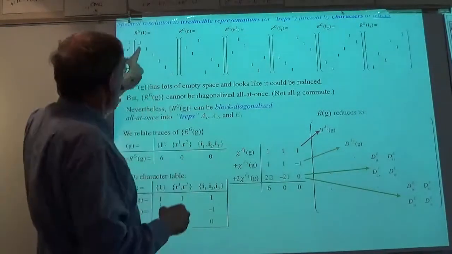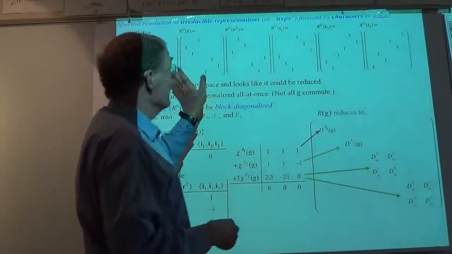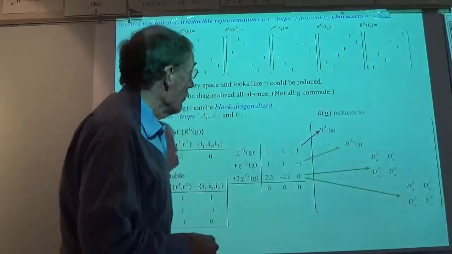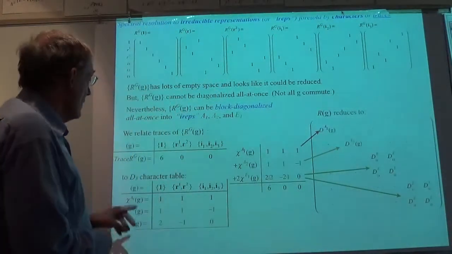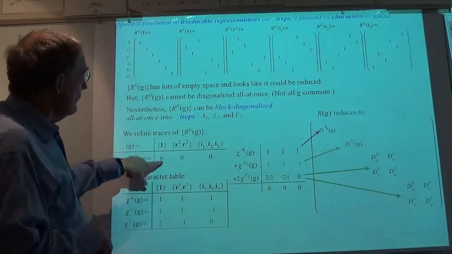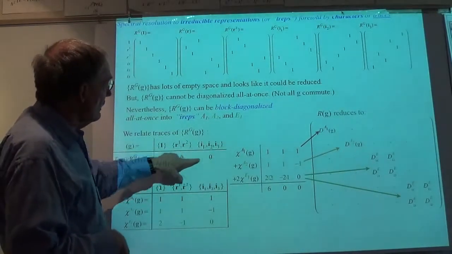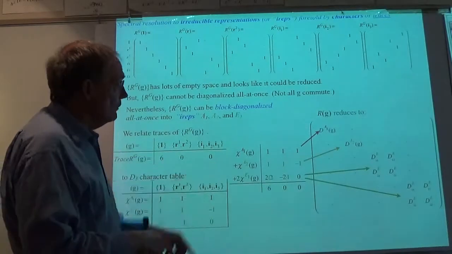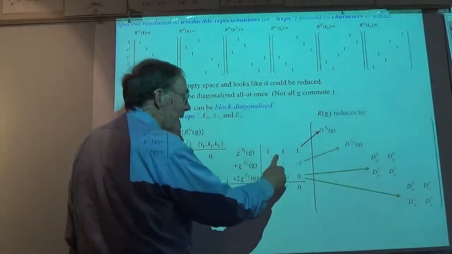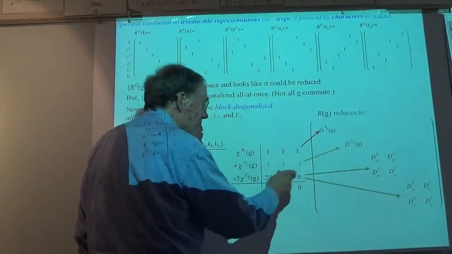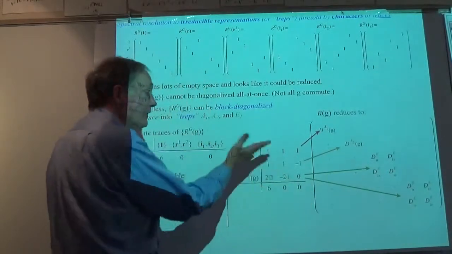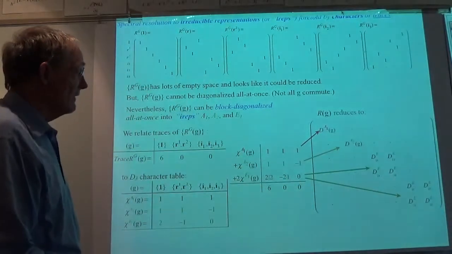And if the one has taken up the diagonal, then all the other ones have to stay off of the diagonal. So the idea is that we have to make this particular trace using some amount of this plus some amount of this plus some amount of this set of traces.